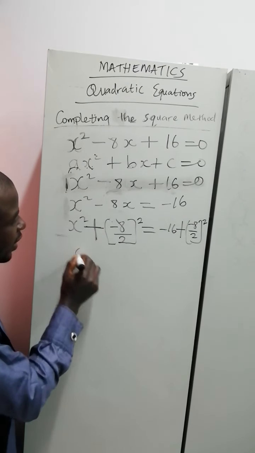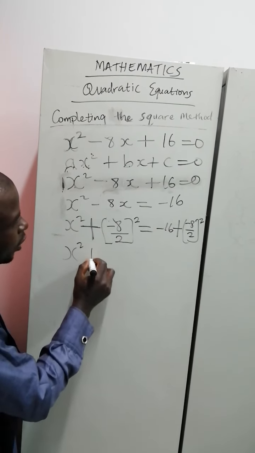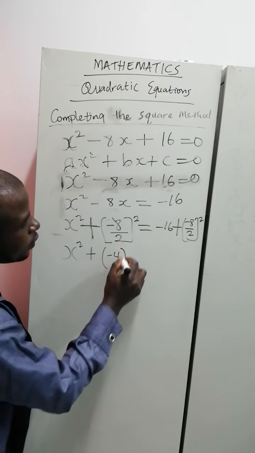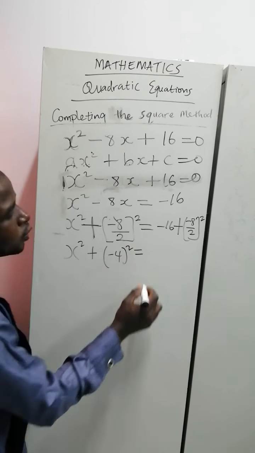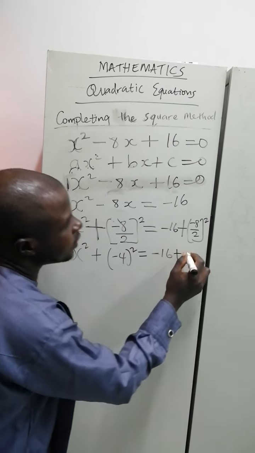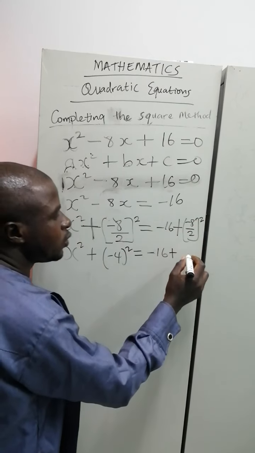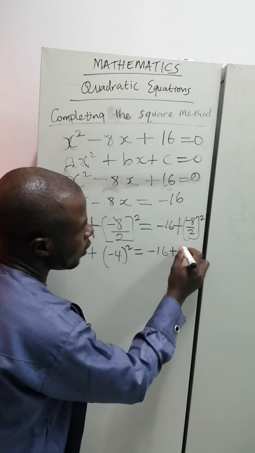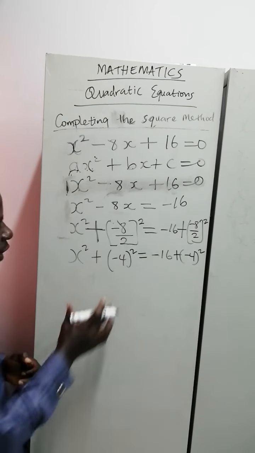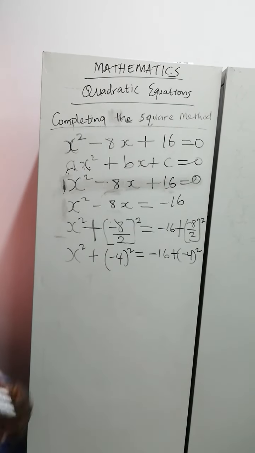So we are going to have x square plus minus 8 divided by 2, that's minus 4 square, is equals to minus 16 plus minus 8 divided by 2 is still minus 4 square. Are we following it? So the next step now is very important. We have to take note.